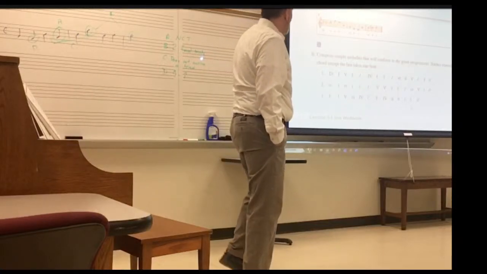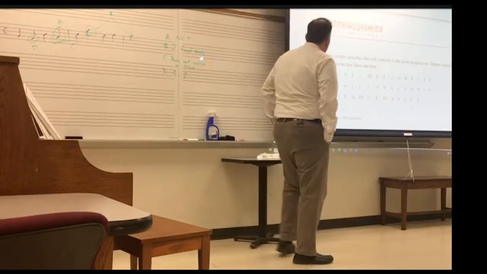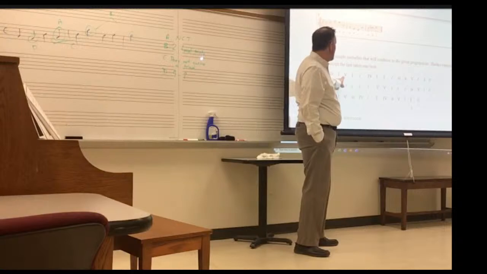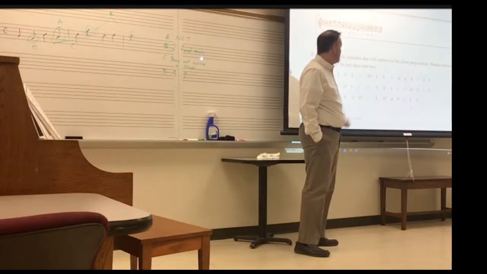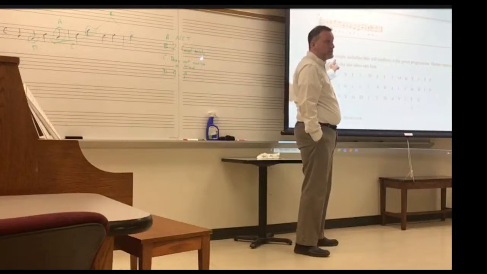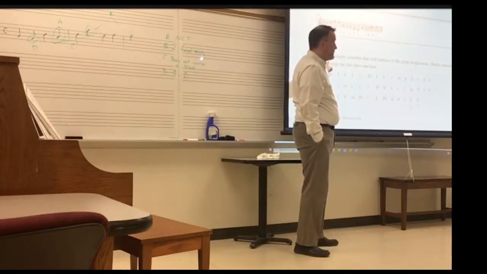So, looking at number 1, how many chords do we see in the first measure before the slash? 3. So what do you think the time signature is going to be? 3/4. So yeah, 1, 2, 3, 1, 2, 3.